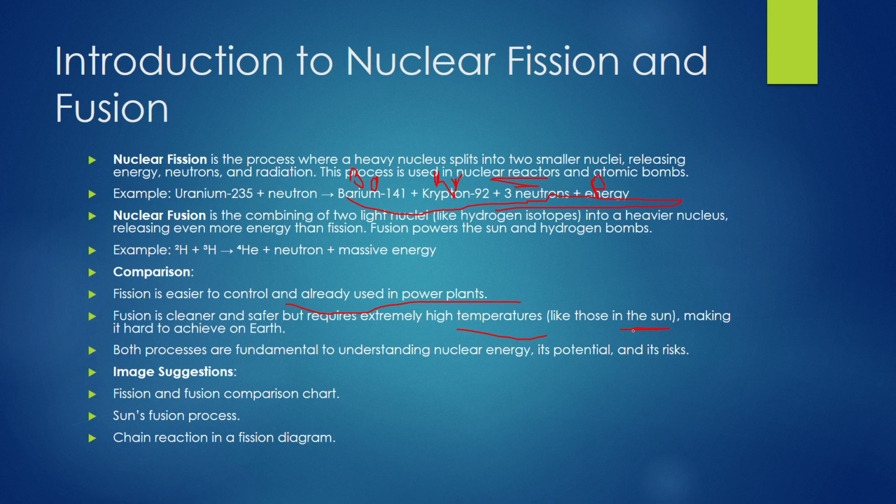The answer is always fusion, because the temperature of the sun is so high that only fusion can occur. Like hydrogen and helium combine to form a new element. The temperature of the sun is so high, making it hard to achieve on earth. Both processes are fundamental to understand nuclear energy, its potential and its risks.